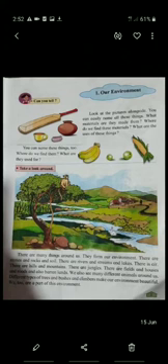Then the cup is made from clay, which we get from soil. Then we have a pot, which is again made from clay, and this clay we get from the soil, which is part of our environment. Then you have thread. Now this thread can be made from cotton, or it can be a silk thread also. If it is made from cotton, we get this cotton from the cotton plant.